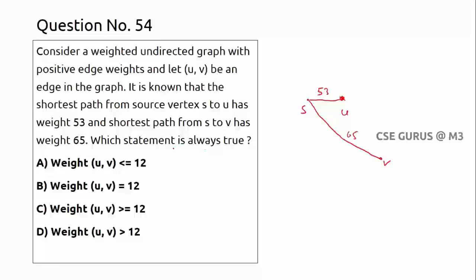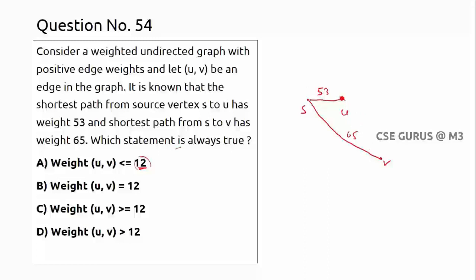Let us analyze. S to U is given, S to V is given, and it is asking for U to V. Now the question is, when can the U to V value be maximum? When the weight of U to V will be minimum.